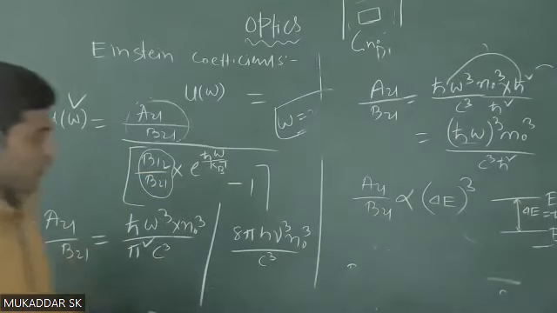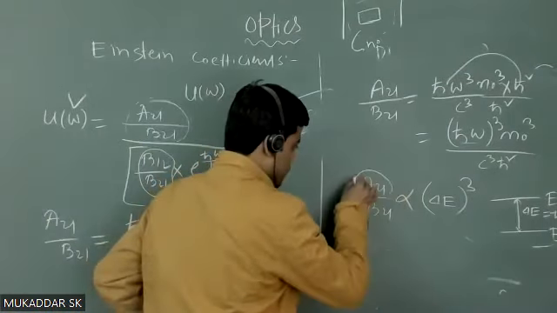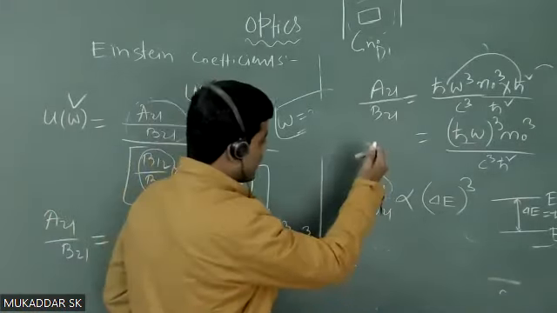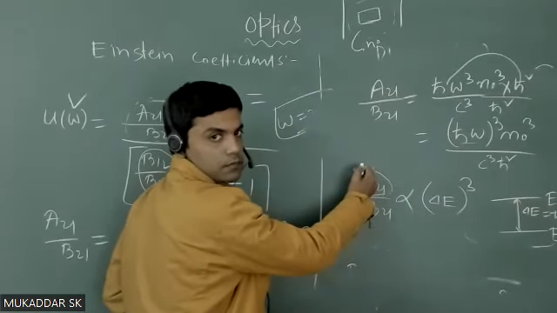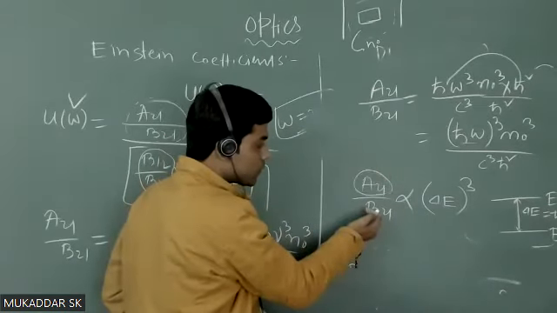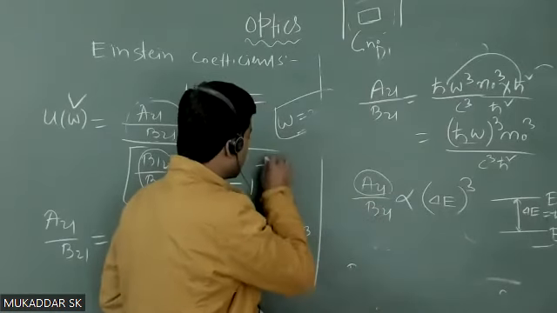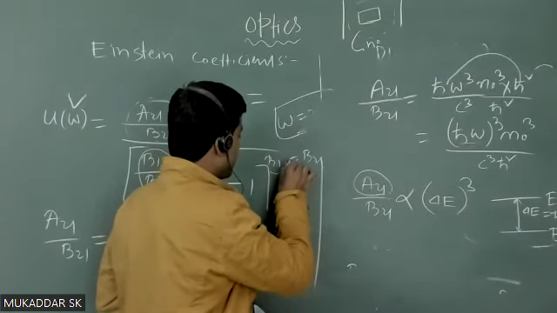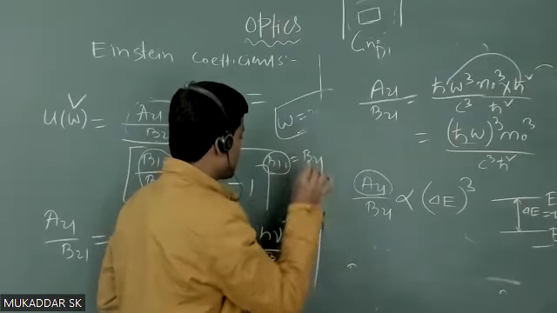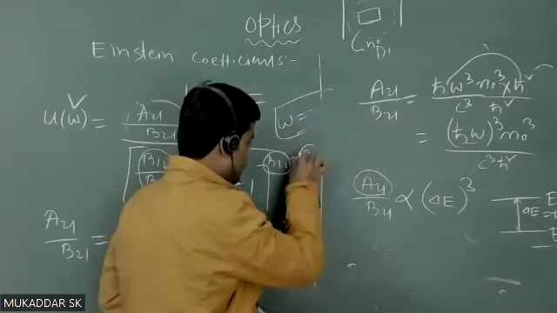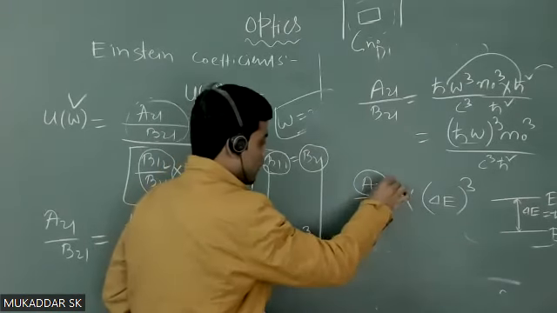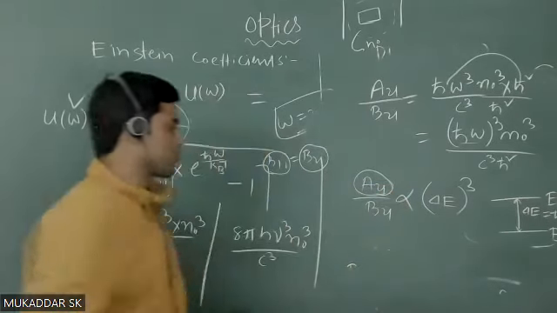So what is A21 actually? A21 represents the probability of spontaneous emission. B21, what is it? We just said B12 equals B21. B12 is the probability of stimulated absorption, B21 is the probability of stimulated emission, and A21 is the probability of spontaneous emission.